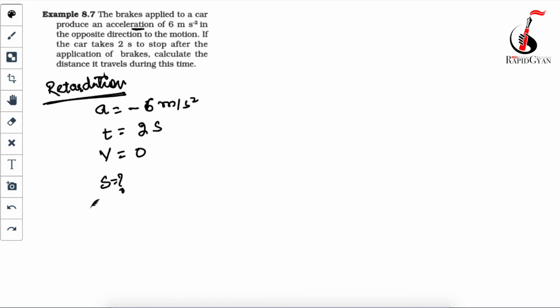Correct? So now in order to find out S, there are two formulas which we know. One is S is equal to UT plus half AT square. This one formula we already know.